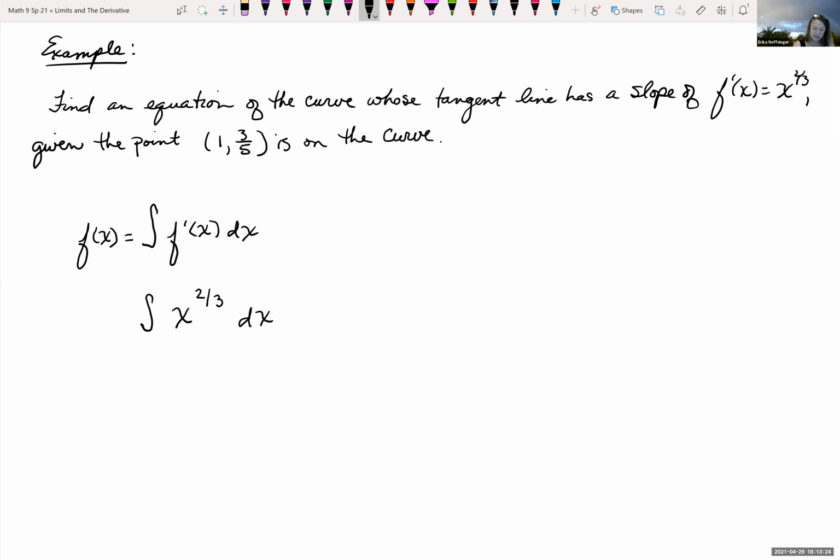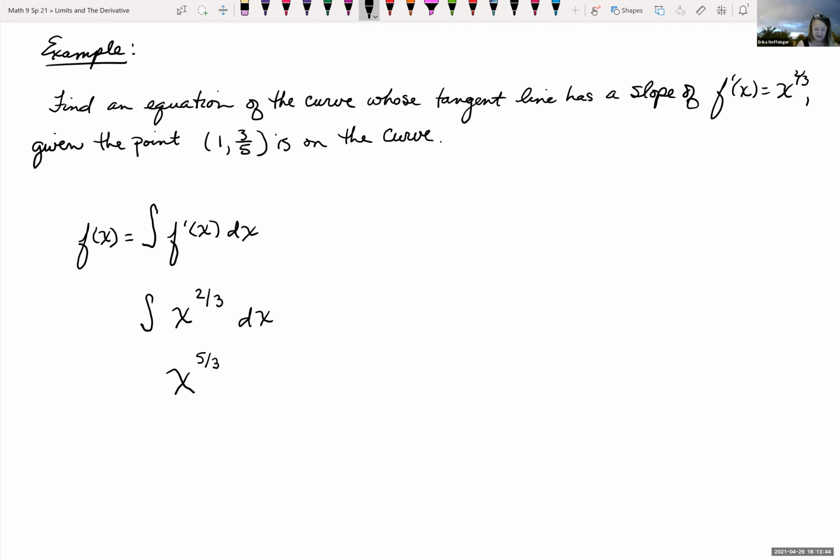To take the antiderivative, we add 1 to the exponent. So 2/3 plus 3/3 is 5/3. We divide by our new exponent. Technically, if you're dividing by a fraction, it's the same thing as multiplying by the reciprocal.